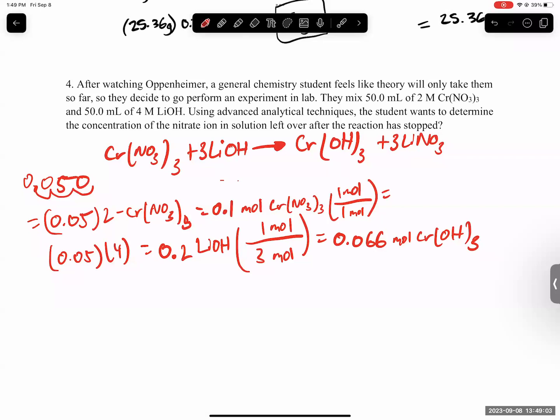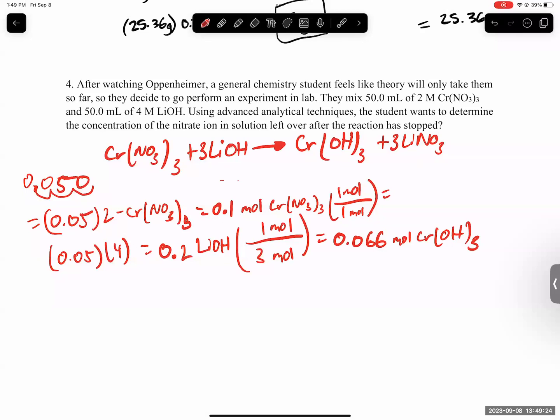So in other words, 0.066 moles of chromium hydroxide, that's how much product we made. Since we have a 1-to-1 ratio here with chromium hydroxide and chromium nitrate, that also means that 0.066 moles of chromium nitrate reacted.